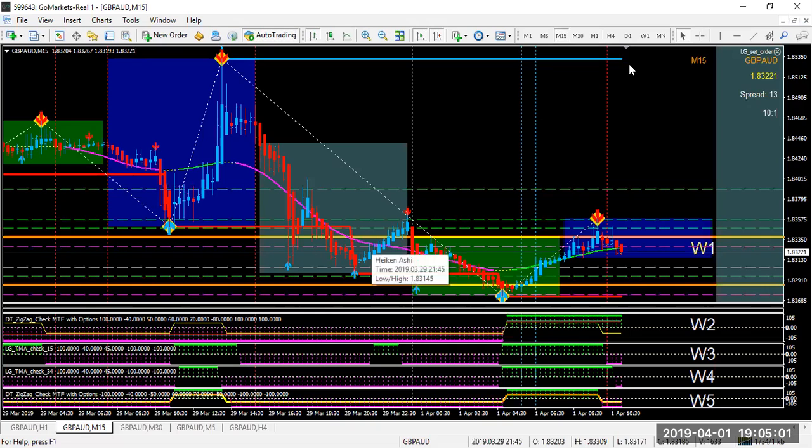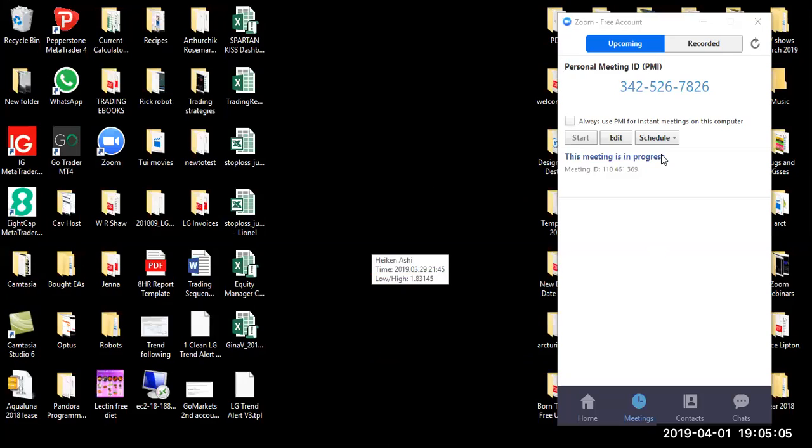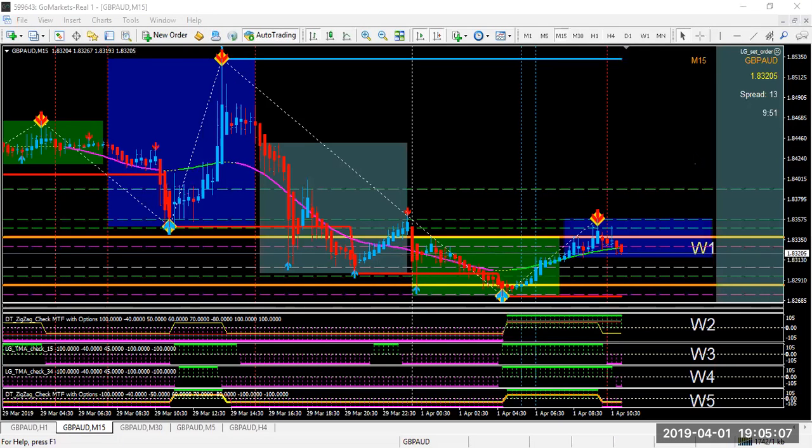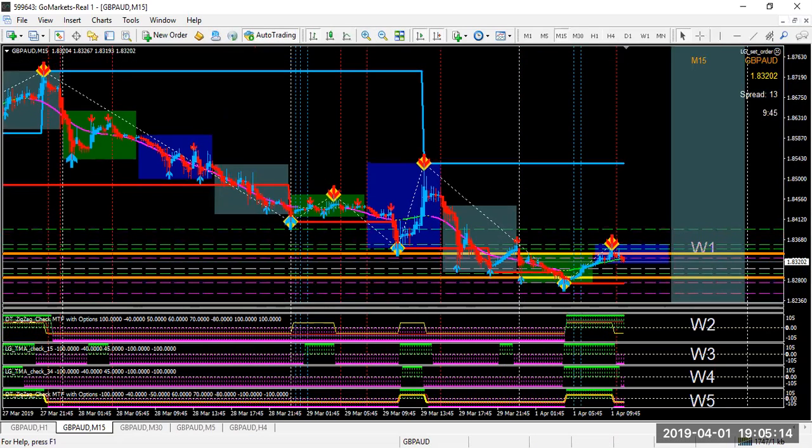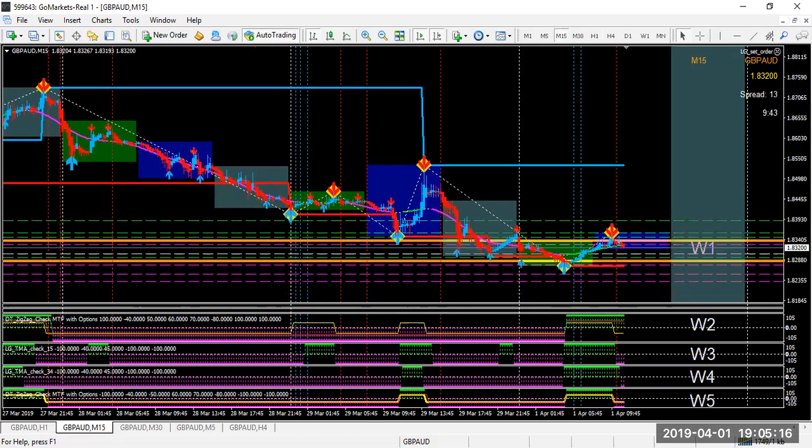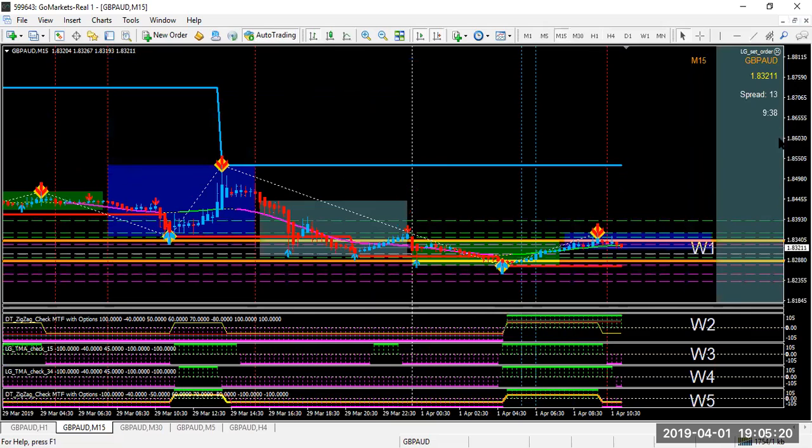8-hour report line. Okay, so I've just quickly taken it from TUI's post, 8-hour report line. And you can see that all the lines are in the correct places.